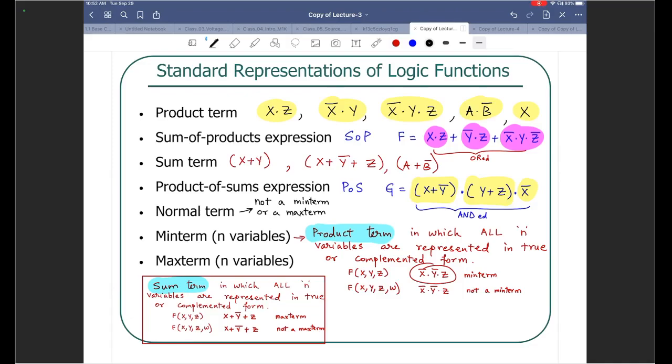But that logic expression can be represented in 4 available forms: SOP, POS, canonical sum of products and canonical product of sums. That's what we are going to define on the next page.